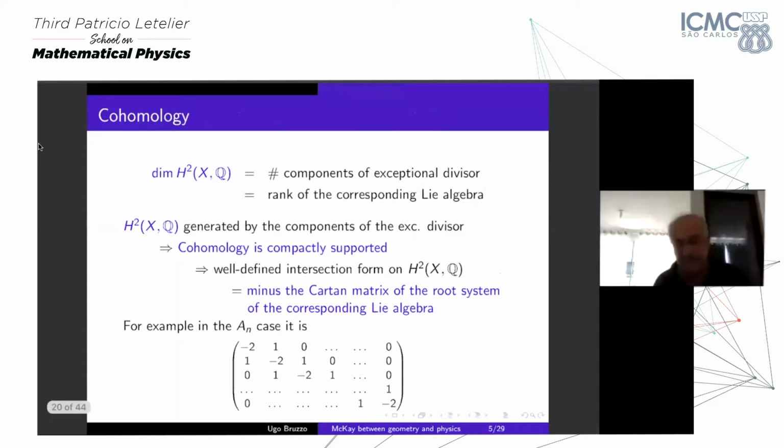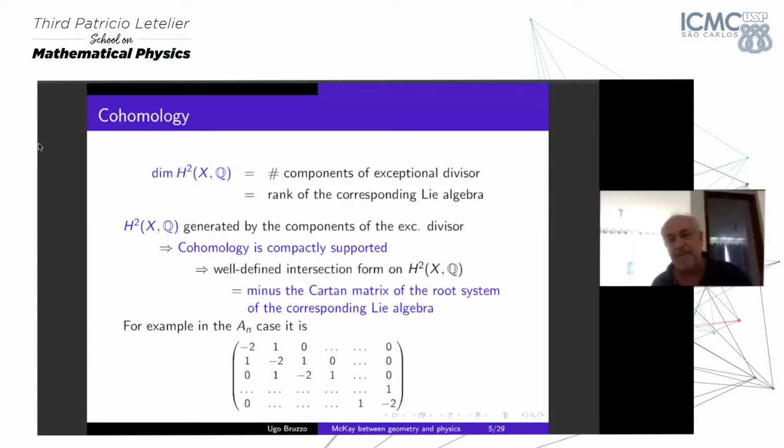What happens is that H0 is 1-dimensional, just because the spaces are connected. H4 is 0, because they are non-compact, orientable non-compact, and therefore all relevant cohomology is in degree 2.